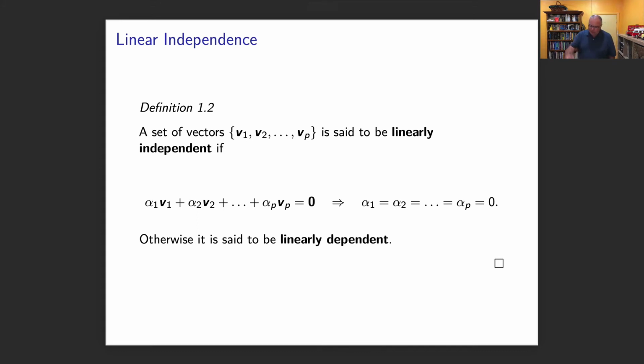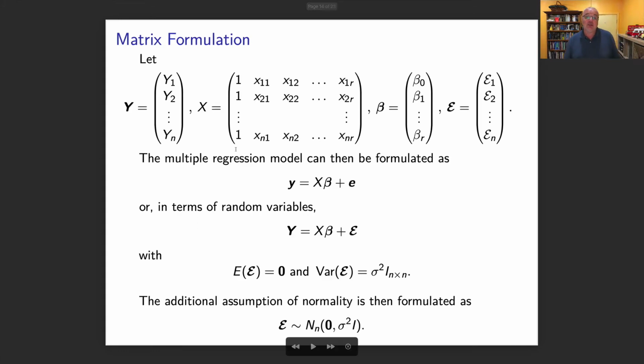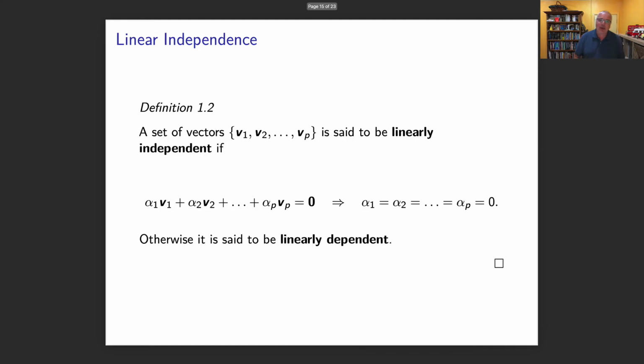Now, we just said there's our design matrix X. But if we're going to use this X, we have to add an extra constraint to it. So to explain that constraint, let's think about linear independence. So let's consider a set of vectors, v1 up to vp. So we've got p vectors. And we're going to say they're linearly independent if, let's say I can find a linear combination of those vectors.